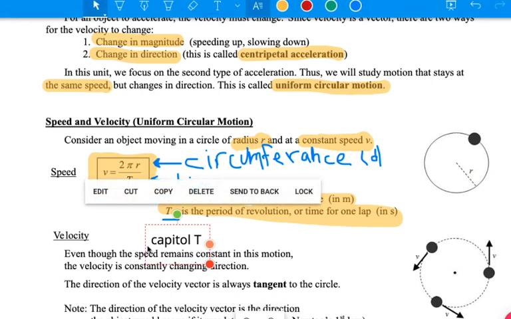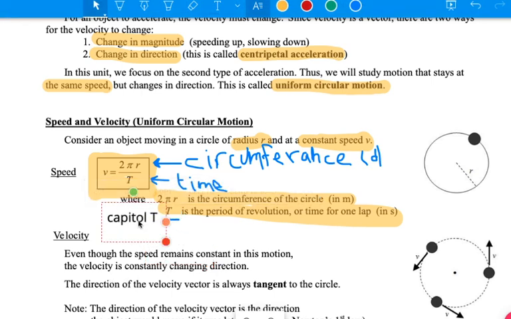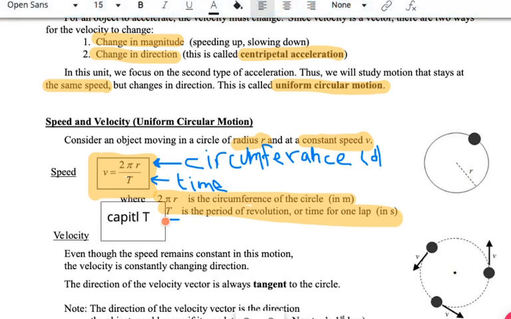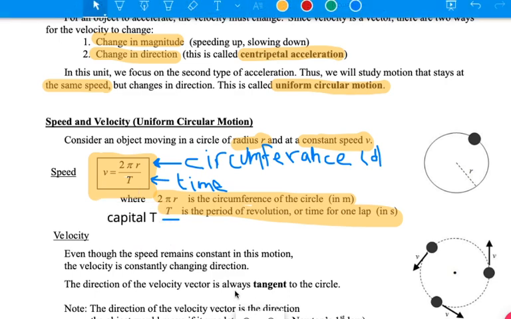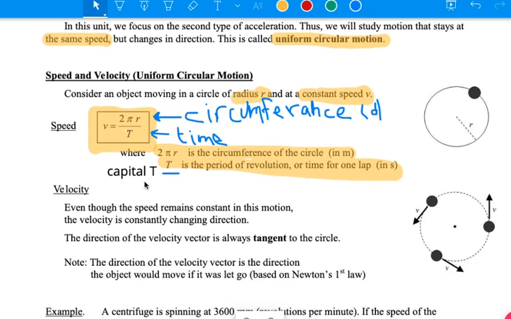So pay attention to uppercase, lowercase, and spelling. All right, so period will always be the time it takes to do one rotation or one revolution or one lap, however you want to think about it. So we got our speed is 2 pi r over period.